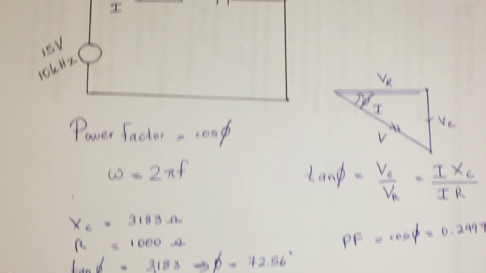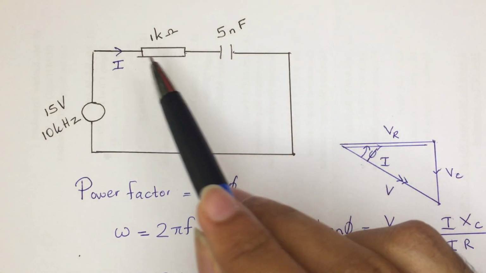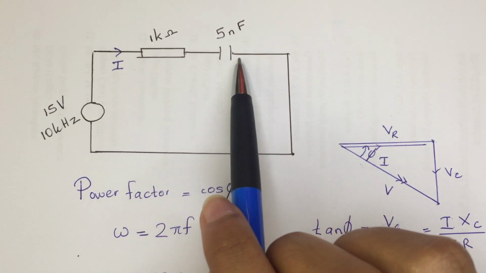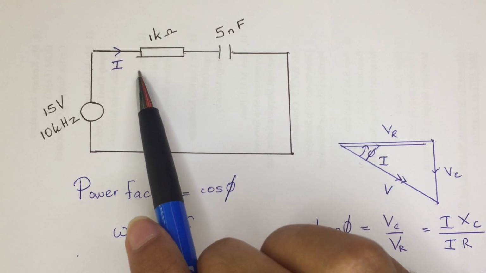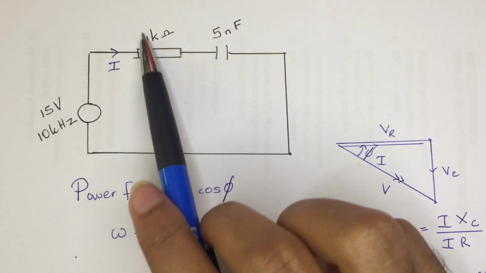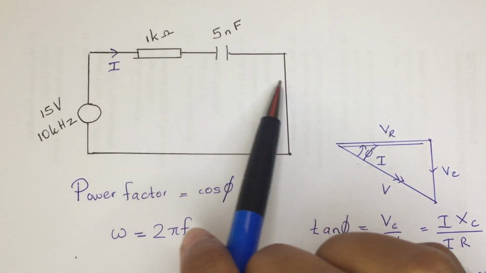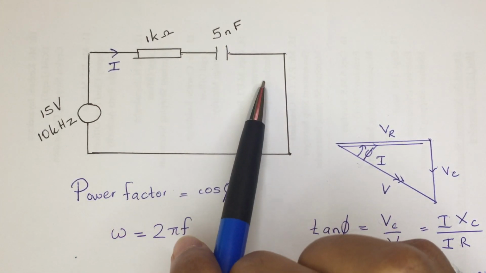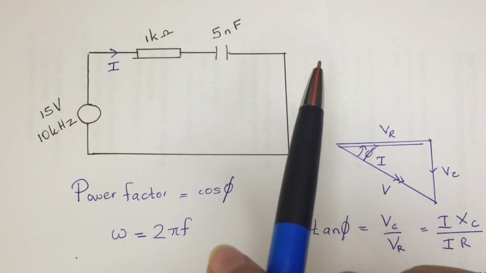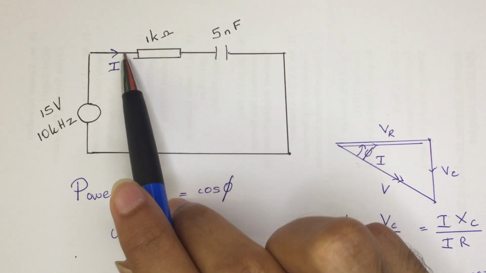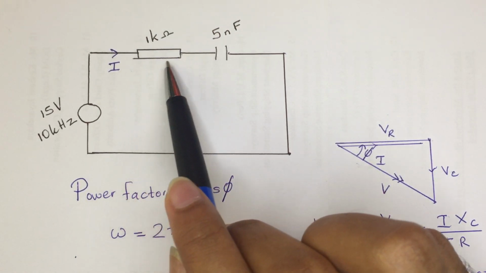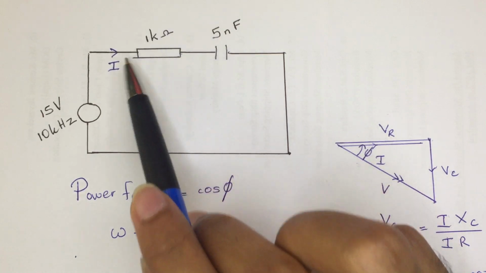Actually, we know the voltage difference between these two points, which is 15 volts. If we know the resistive part and the reactive part, which is simply known as impedance, we know the impedance of these two elements across these two points, we can directly use Ohm's law and find the current. Otherwise, we can find the voltage across this element only and use the equation V equals IR. From that, we can find the answer.